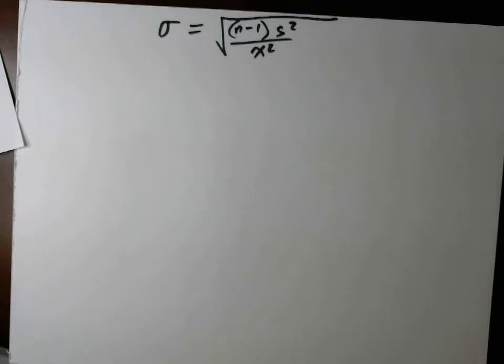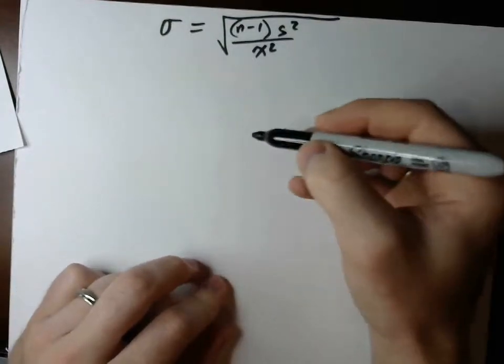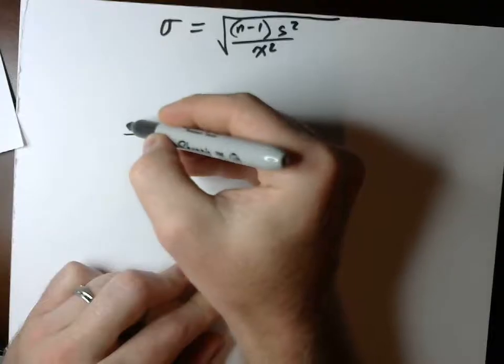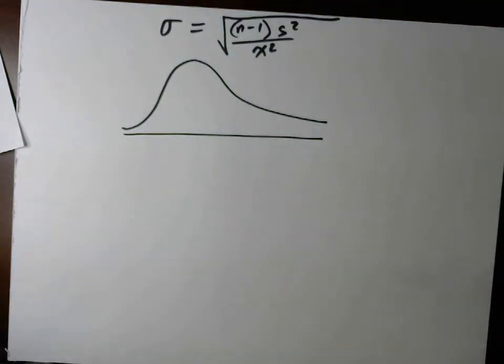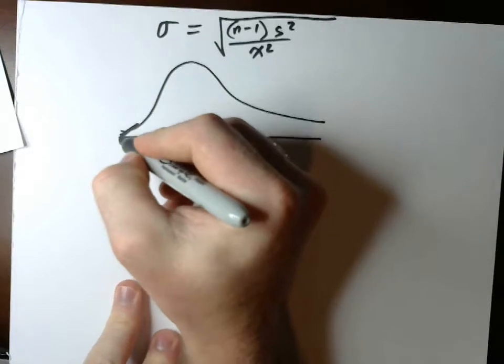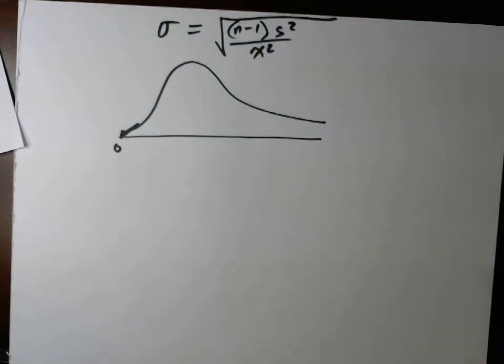So for example, let's just look at a chi-squared distribution. It's kind of shaped like that. It actually goes down to 0.